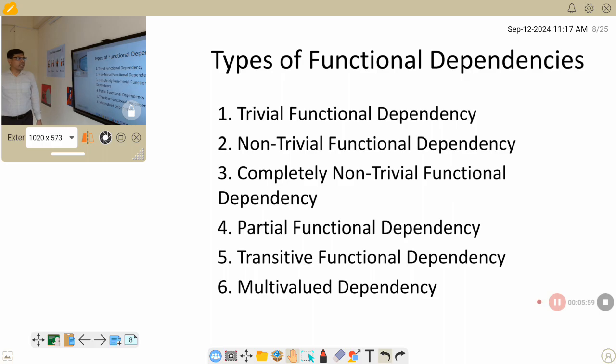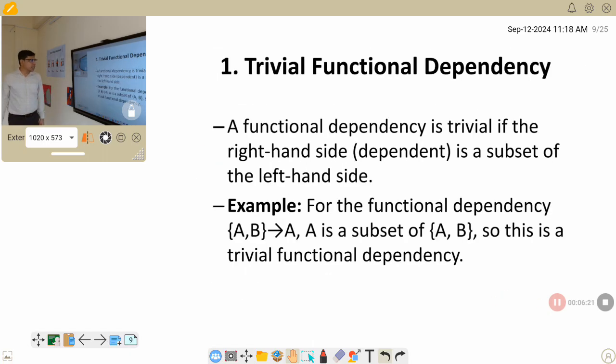Next are the different types of functional dependencies: trivial functional dependencies, non-trivial functional dependencies, completely non-trivial functional dependencies, partial functional dependencies, transitive functional dependencies, and multi-valued dependencies. So next I will discuss them one by one. The first one is trivial functional dependencies.